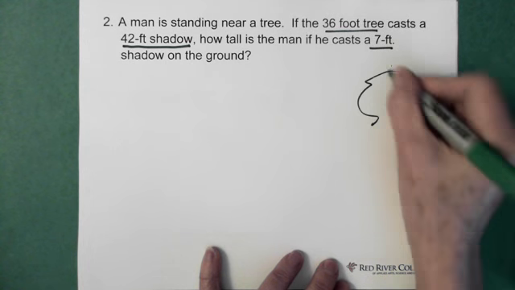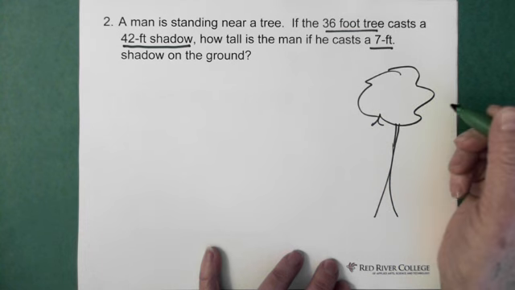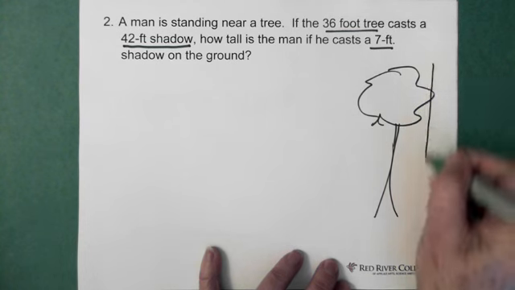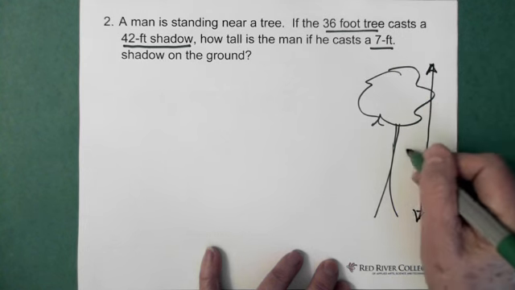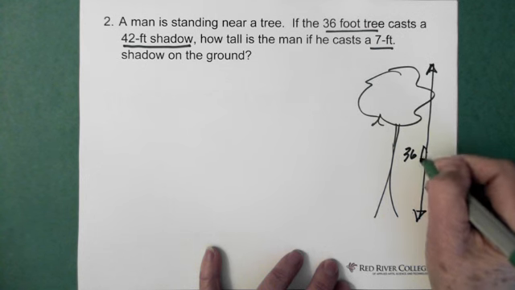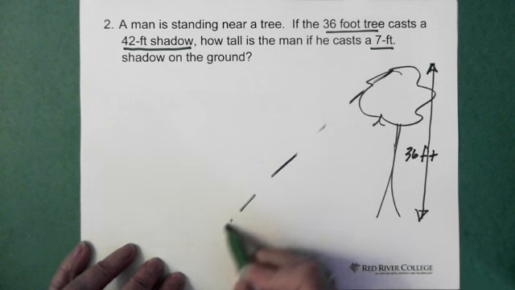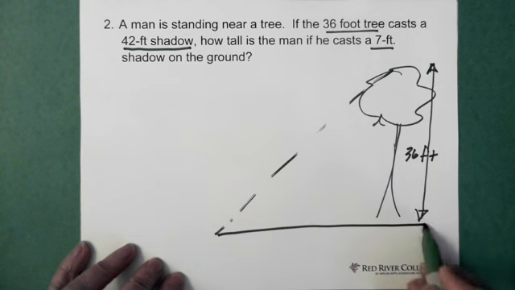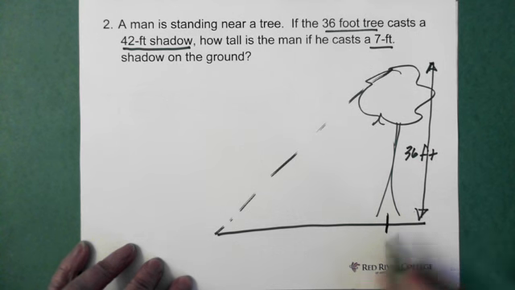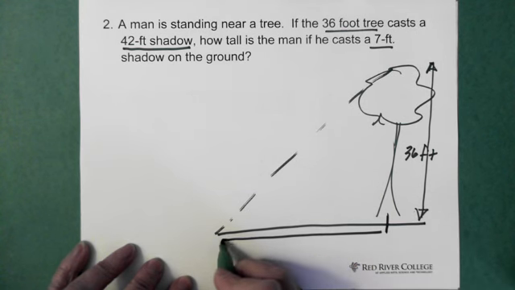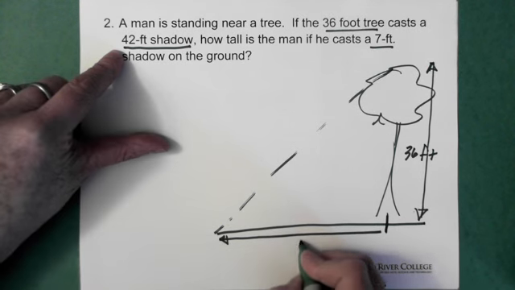So here's a tree. All right, there's our tree. And we know that the tree is 36 feet. And there's the ground. So the shadow of the tree from here to here is what? 42 feet.